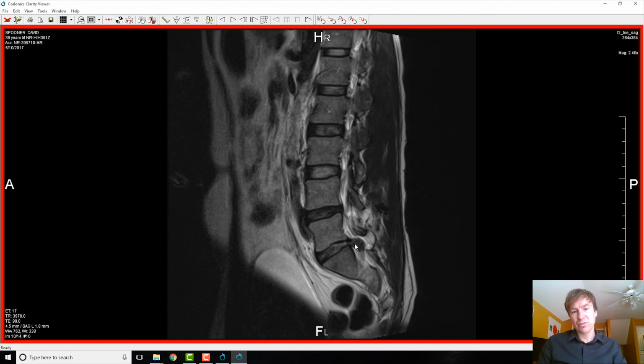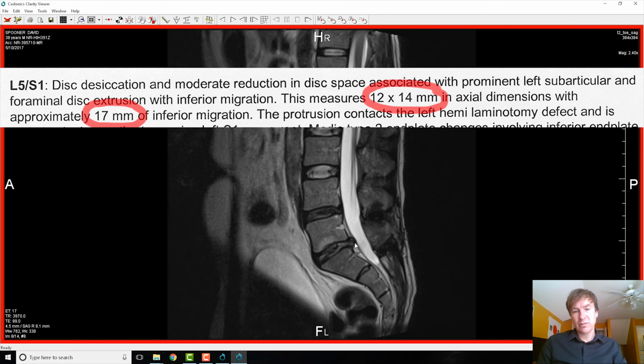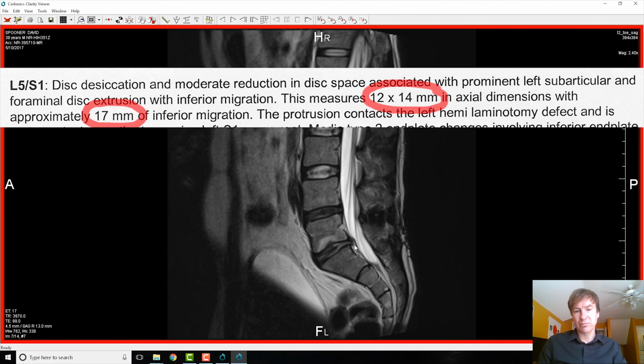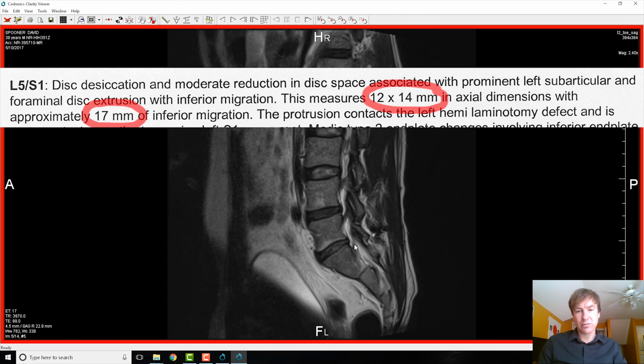It's not a bulge, it's a herniation, so that has blown out all the way outside of the disc, and this is a massive herniation from what I understand. I'll look at the written report, but anything over 1 centimeter in size is considered really, really huge, like maybe record-breaking huge.